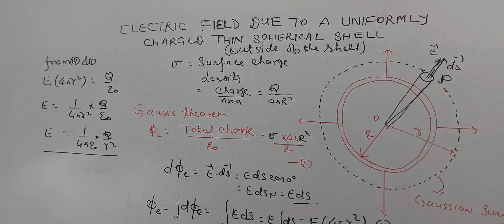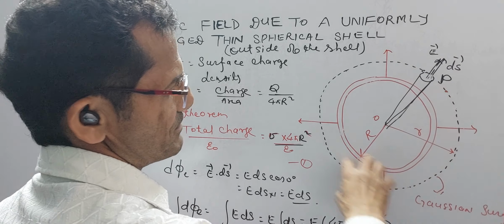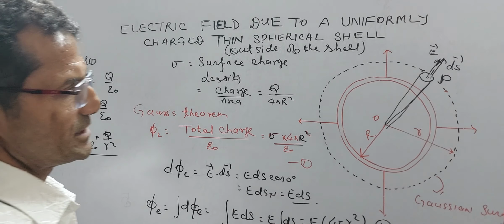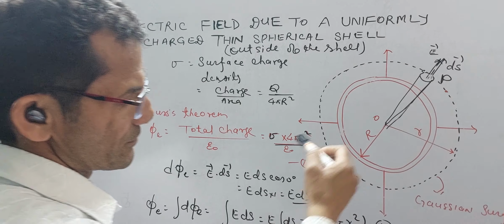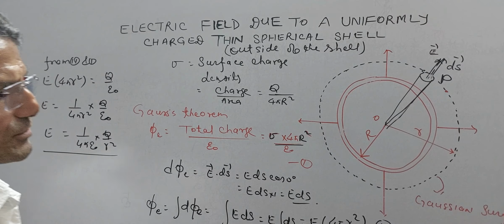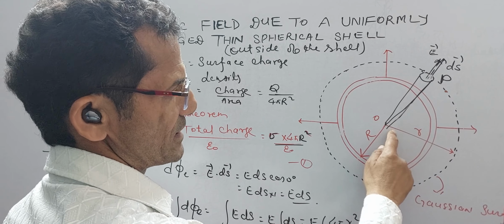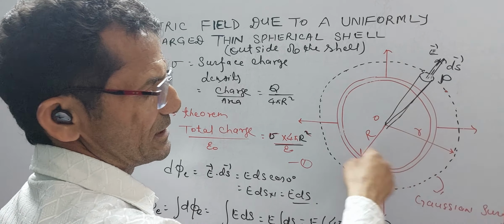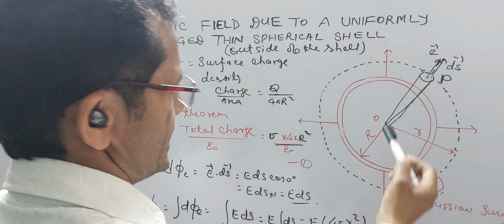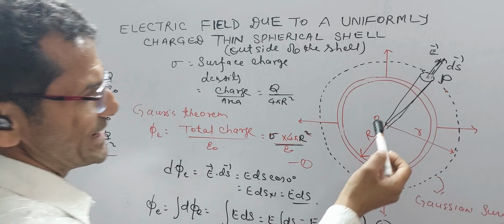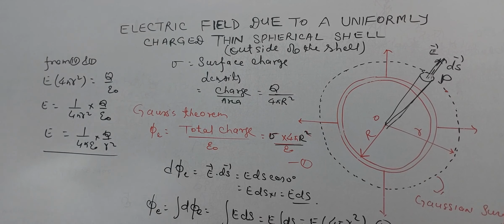So the field at point P behaves as if the total charge of the spherical shell were concentrated at the center of the shell. It seems that the total charge on this shell is concentrated at its center, and the shell acts like a point charge. You know that the electric field due to a point charge at a distance of r is equal to 1 upon 4 pi epsilon naught Q upon r square.